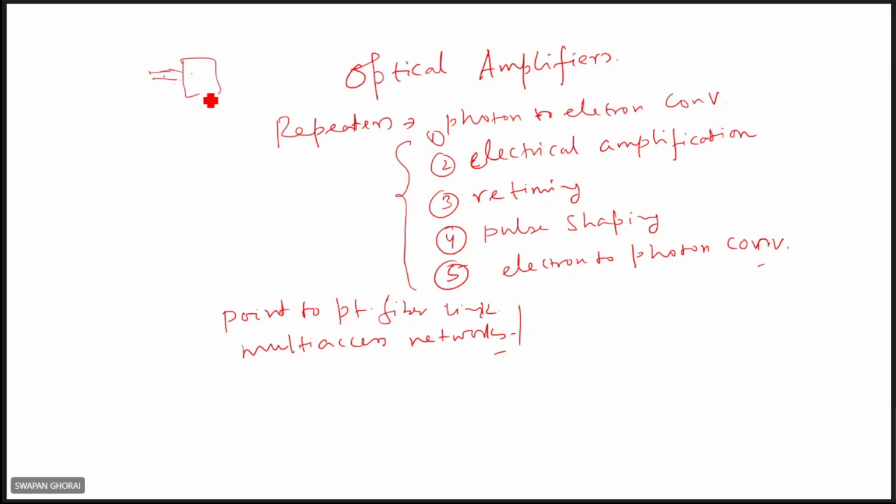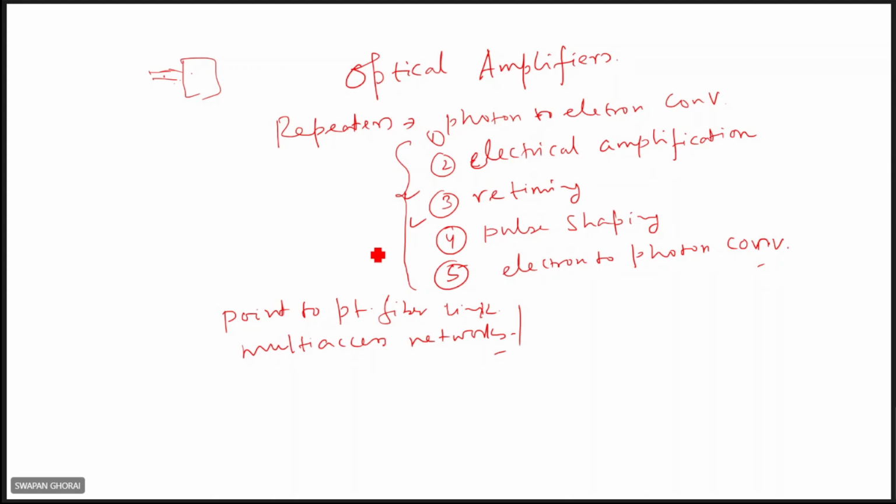Next, in electrical form, you have to amplify the signals. And if you do the conversion, then you have to do the other things, the retiming, pulse shaping. These things are to be done after the amplification, right? And next, you have to again convert electrical to optical energy.